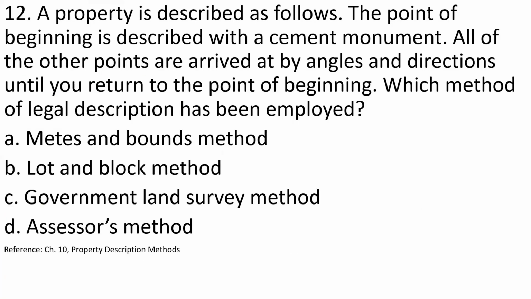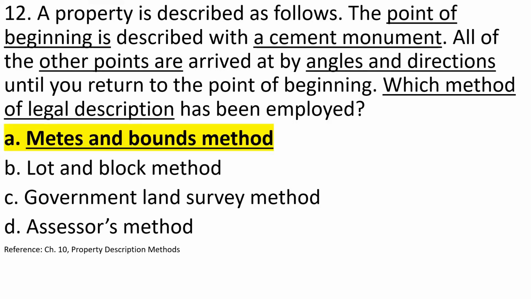Number 12. A property is described as follows. The point of beginning is described with a cement monument. All of the other points are arrived at by angles and directions until you return to the point of beginning. Which method of legal description has been employed? Well, if you remember, we talked about metes and bounds.